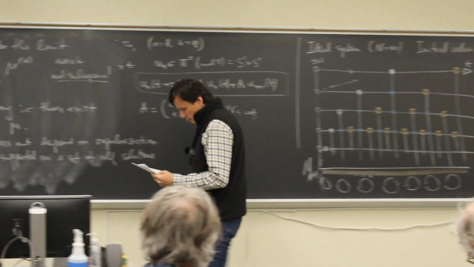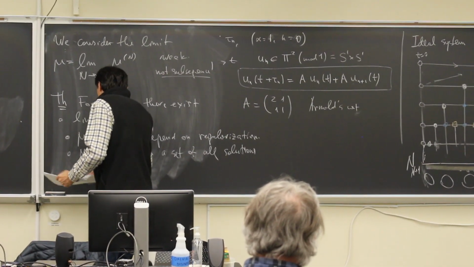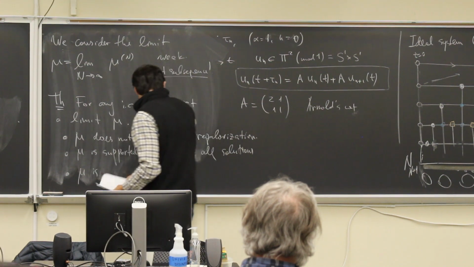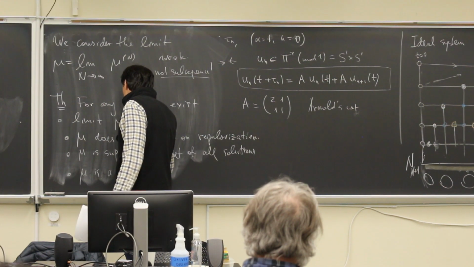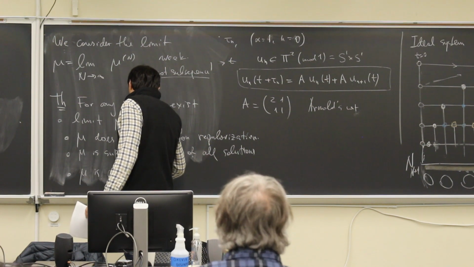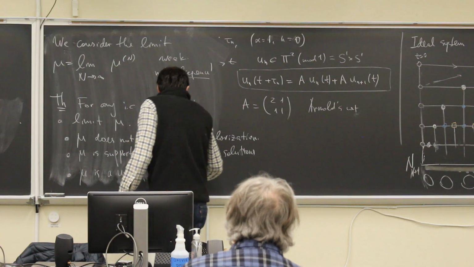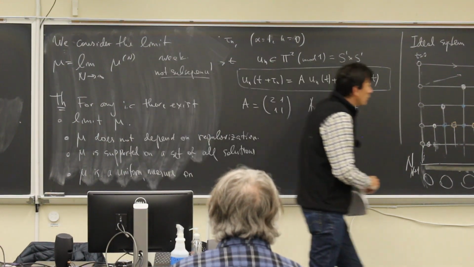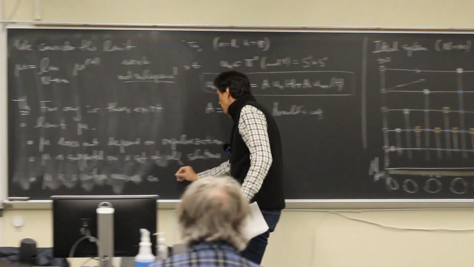And the third is that mu, actually the third implies all the previous. So mu is a uniform measure on these orange points.